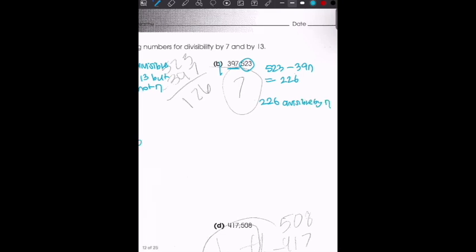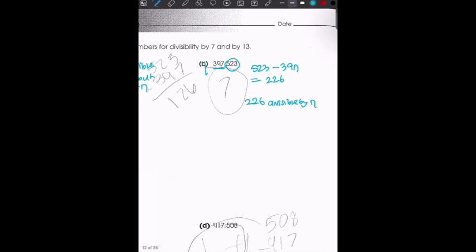because 126 divided by 7 is going to be 18. I'm sorry for the confusion with the earlier calculation.